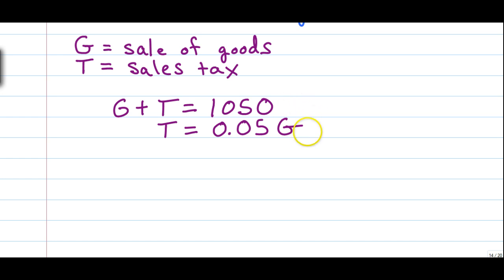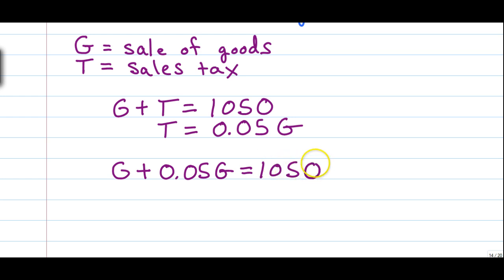Now let's take these two formulas and combine them to create a formula in a single variable. We'll take the second formula and plug it into the first. In the first formula, where we have the goods plus the tax, we know that the tax is equal to 0.05 G. So we'll plug that into the T's position: G plus 0.05 G equals $1,050.